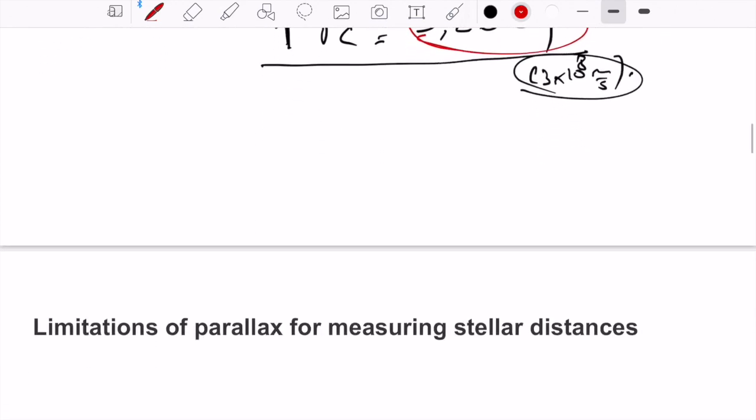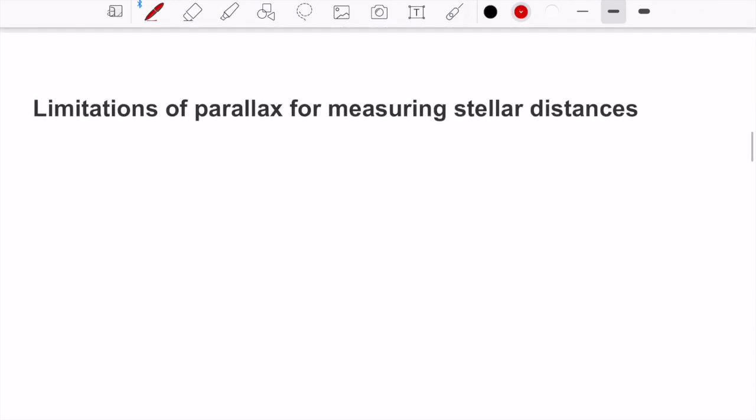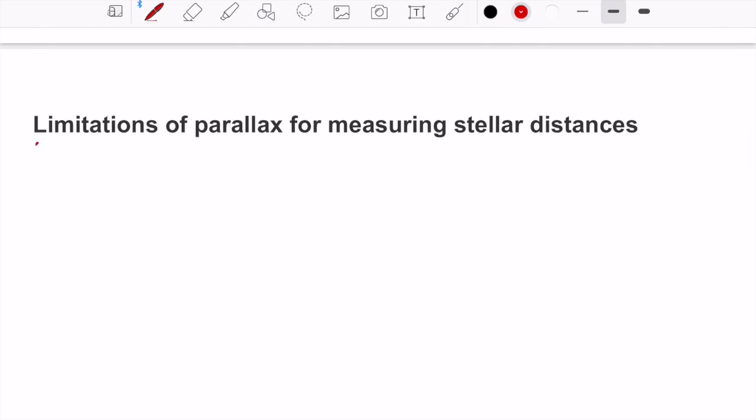Okay. Now, is the parallax method the only method? No, there are limitations to the parallax method. Mainly because when light comes from a star to the atmosphere, the layers in the atmosphere produce an effect called refraction. Light bends, changes direction when it changes interfaces. So we see the stars twinkling, right?